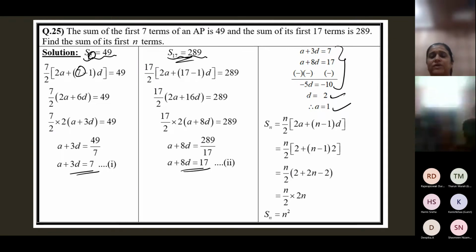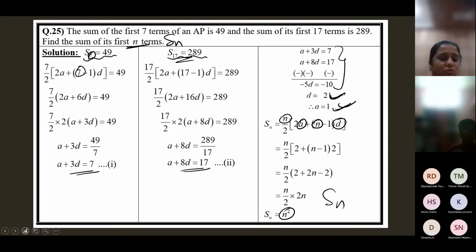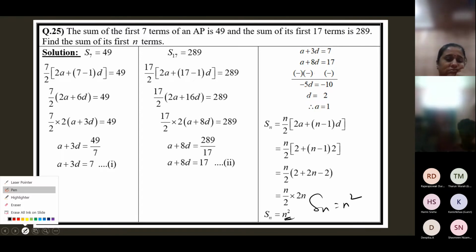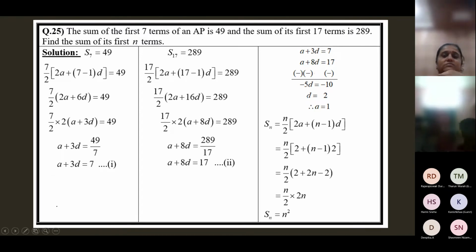And once you find them, you must find Sn. N will be n only. Substitute the values of a and d which you found, so you get Sn is equal to n square. We have understood that Sn will be quadratic in n.